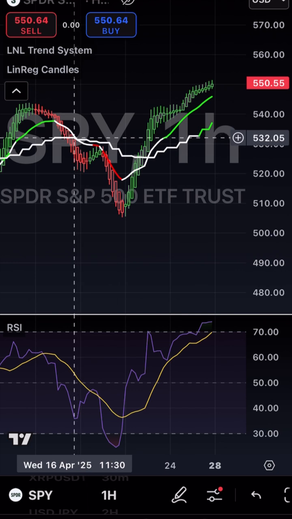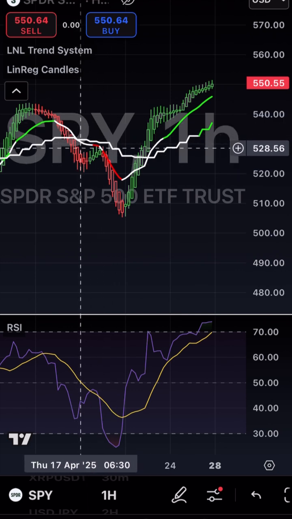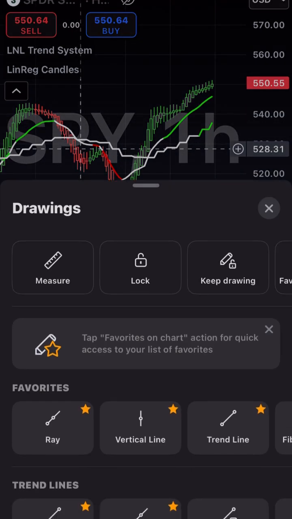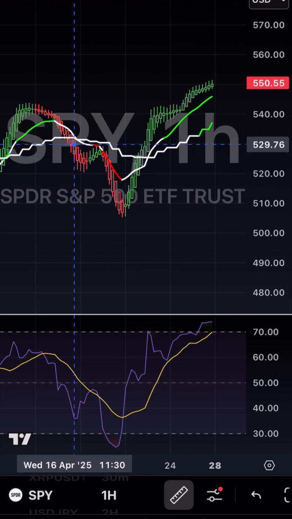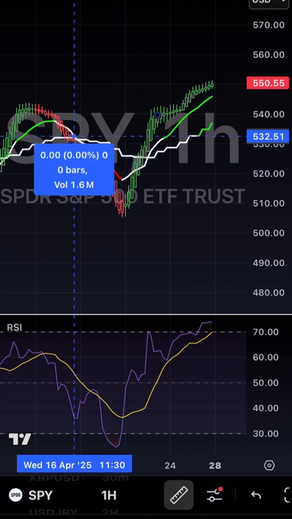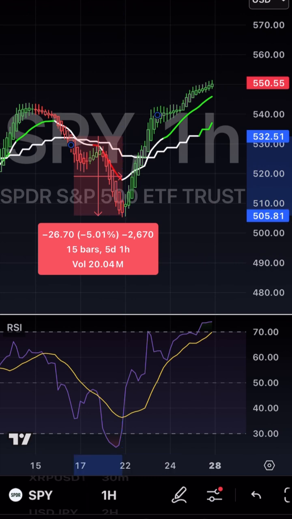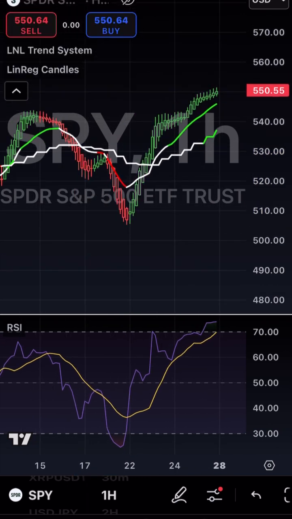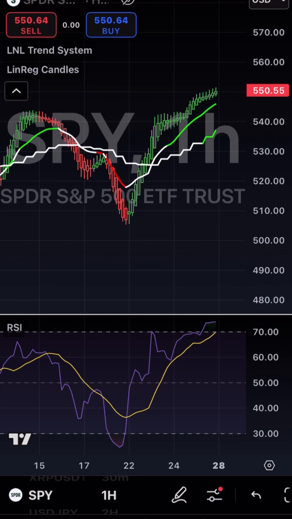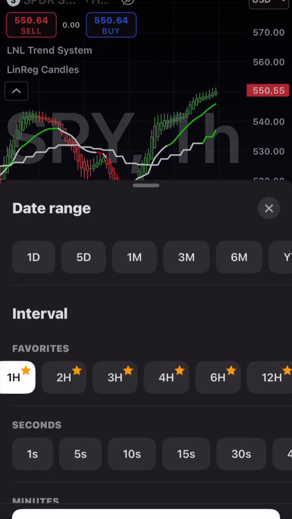We got one right here that would have worked. If it crossed right here, you could have ridden this down because the overall direction is down. This would have resulted in a 5-day move, and you would have got about $2,670. So anyway, that's where SPY's headed right now, looking at the daily.